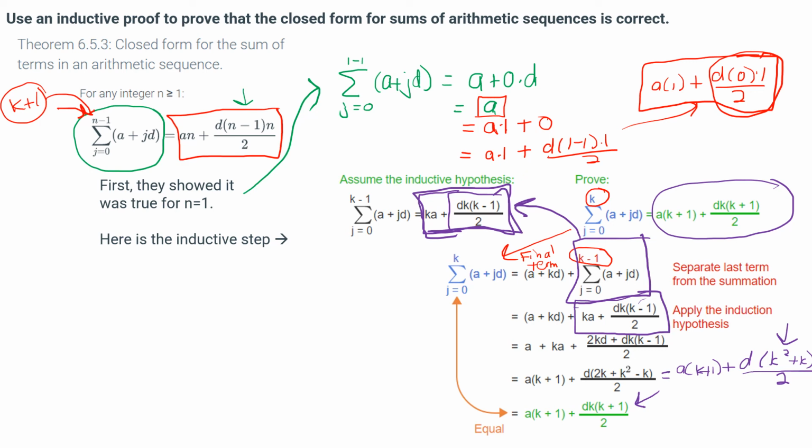Just remember, what you would need to do is to be able to come up with what you need to show. Well, it's always pretty easy to prove the base case, so I might ask you to prove a base case.